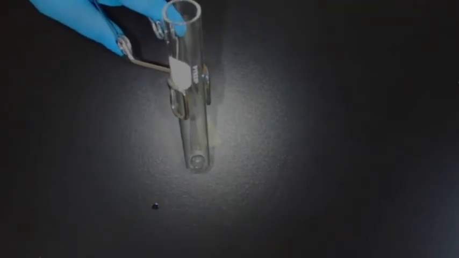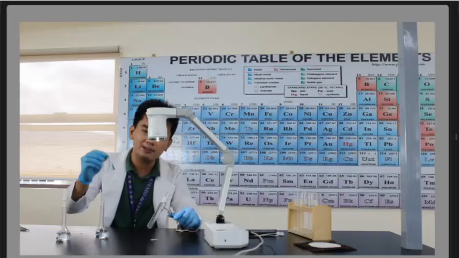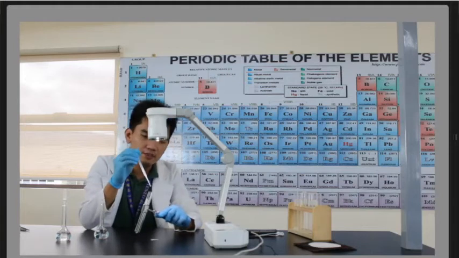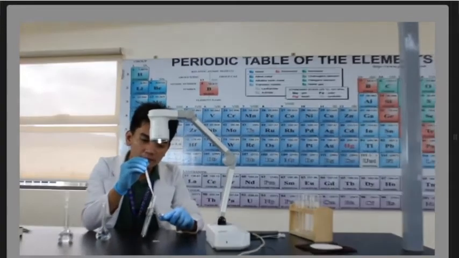So let's start with the calcium chloride. It's very important that we know how to pipette our liquids. So let's have 20 drops of 0.1 M calcium chloride.